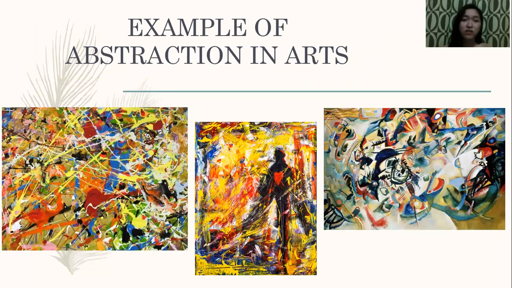In the first one, you cannot really determine what is the thing or the subject that they want to emphasize. In the second one, you can see the person, the black one with a heart.